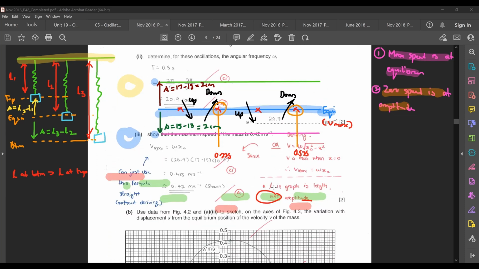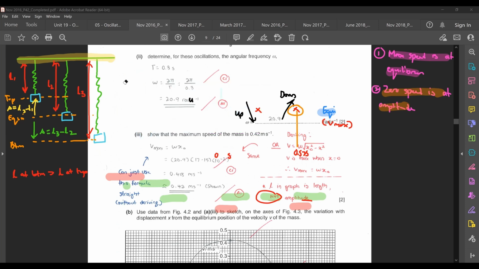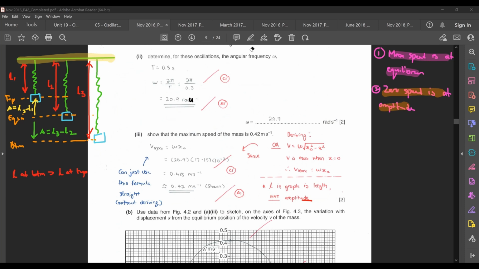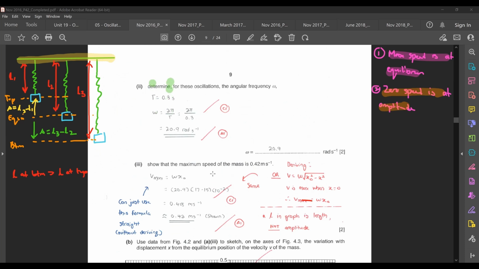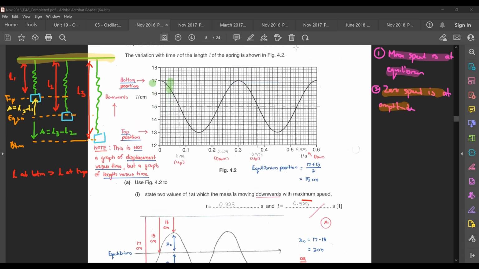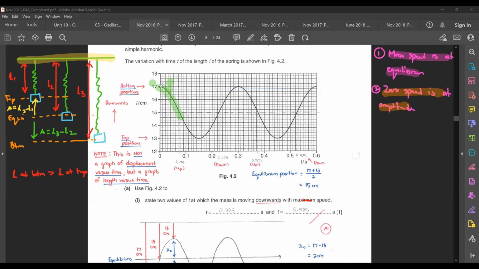If you move on to the next part of the question, they ask you to determine for these oscillations the angular frequency. So angular frequency is something that you've already learned before. It's defined as omega equals 2 pi over T. So just read out the value of your period from your graph. You can see that this one is actually 1 period here, and the value is going to be 0.3.